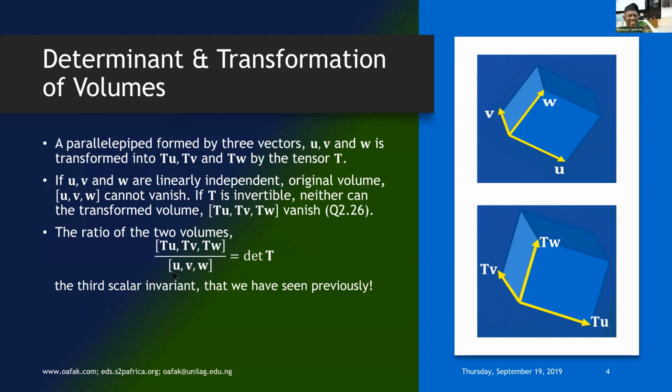And that scalar invariant is the ratio of the new volume to the old volume. So whereas a tensor transforms lengths, areas are transformed by the cofactor of the tensor, and volumes are transformed by the determinant of the tensor. So the cofactor and determinant have physical, geometric meanings.